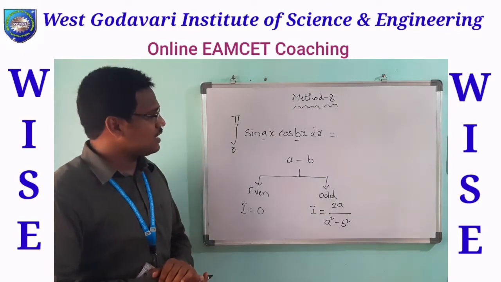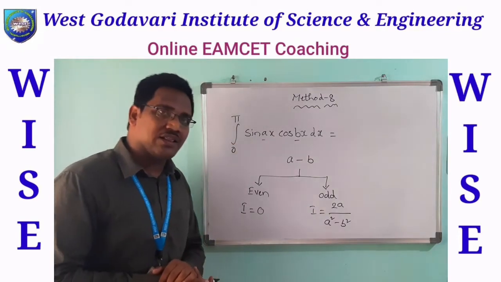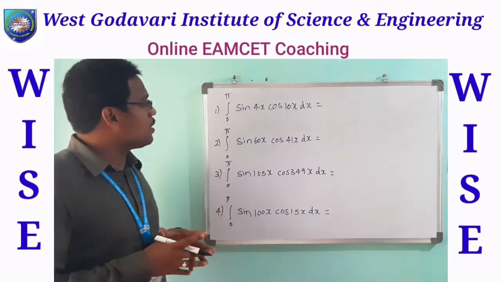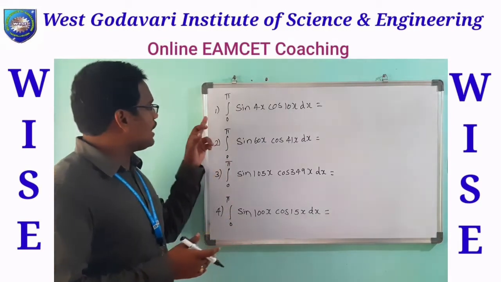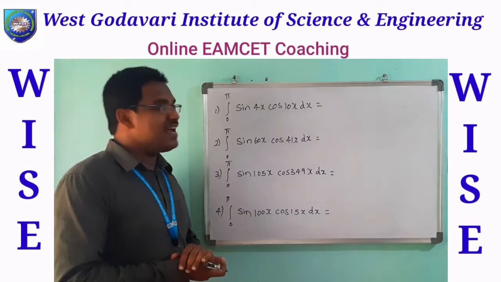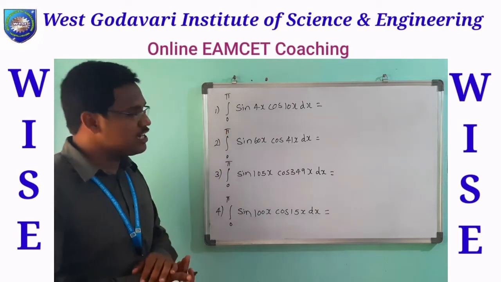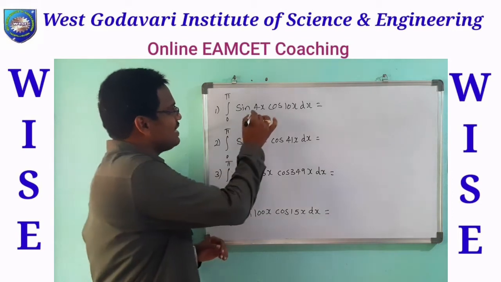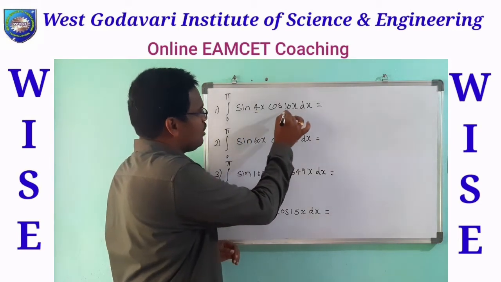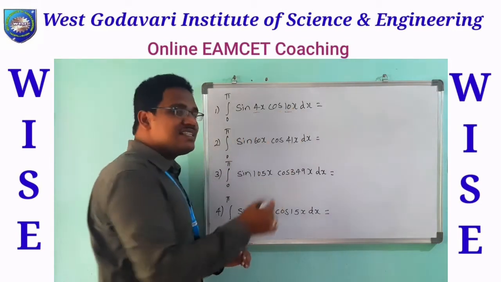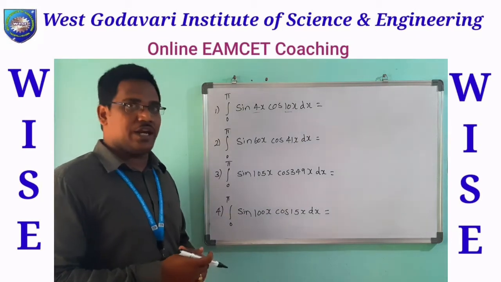Now let us check the problems regarding this concept. The first one, integral 0 to pi sin 4x cos 10x dx. This is in the form of integral 0 to pi sin ax cos bx dx. Here the value of a is 4 and the value of b is 10, and they are constants.